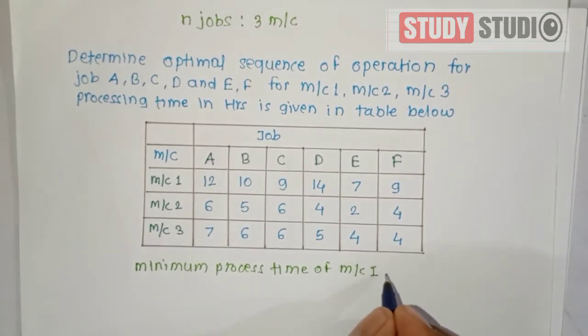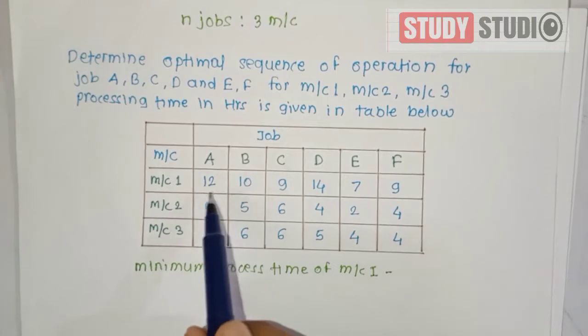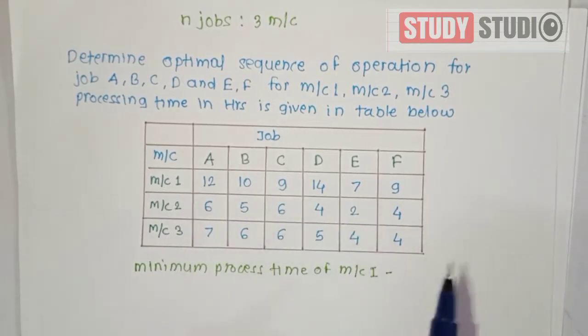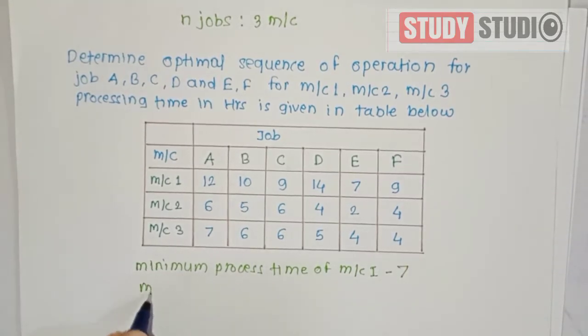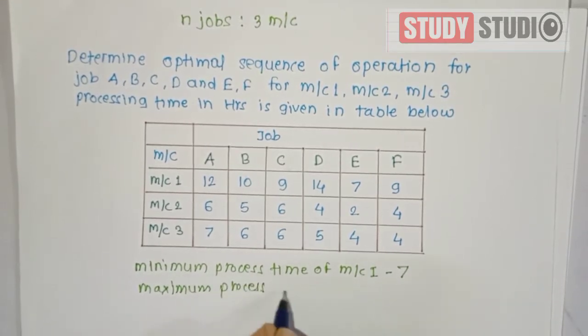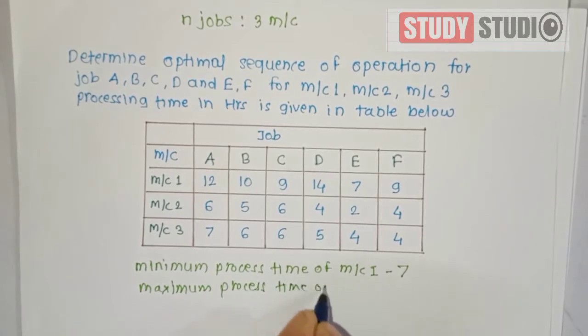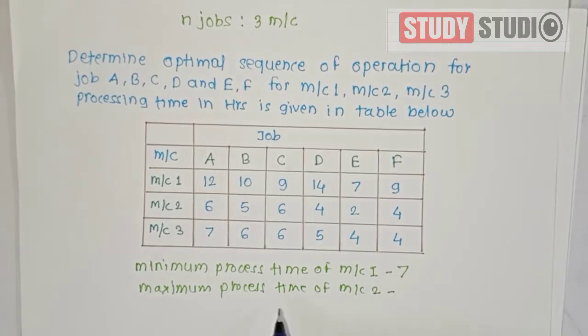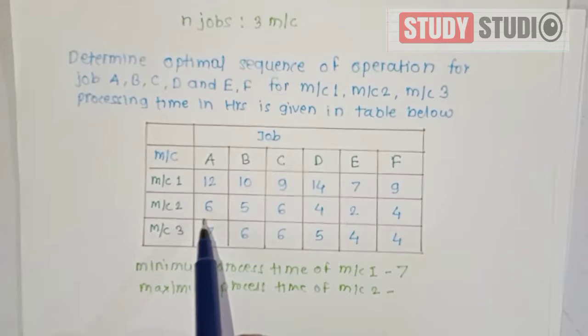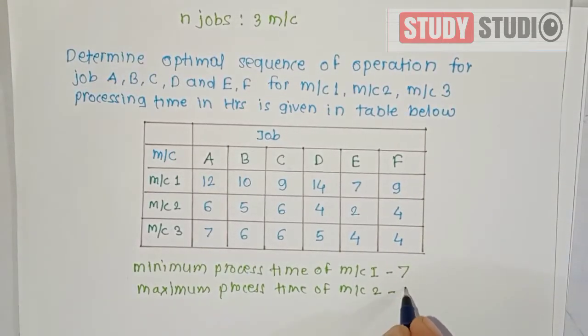If we look at the process time of machine 1, the minimum value is 7. Then the maximum process time of machine 2. So the maximum process time of machine 2 is 6 hours. So I'll write 6 over here.